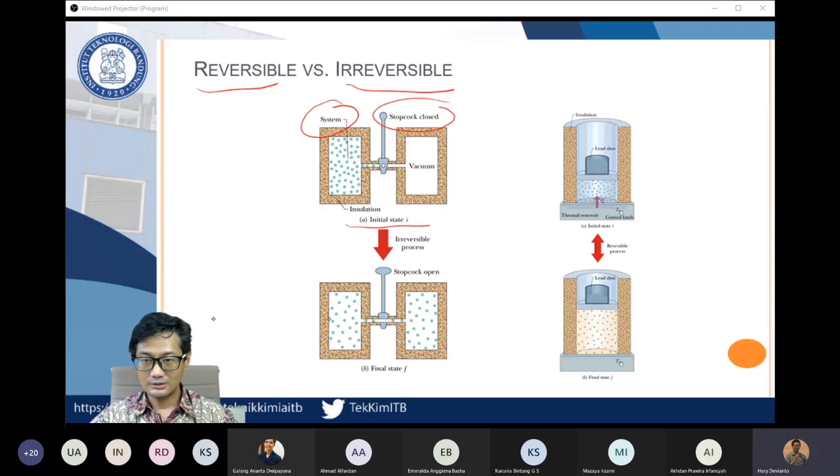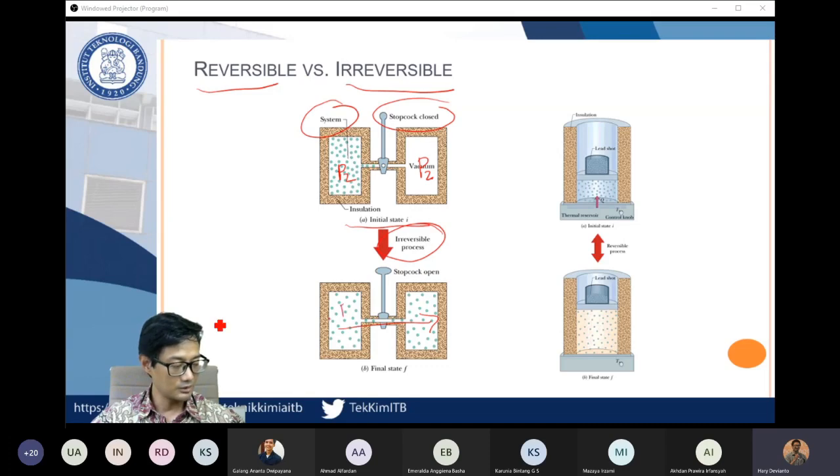When you open this one, you go through an irreversible process. Why? Because once it flows, due to the pressure difference, with P1 on one side and a vacuum in P2, because you already opened this one, it will reach an equilibrium maybe somewhere in between, P3.